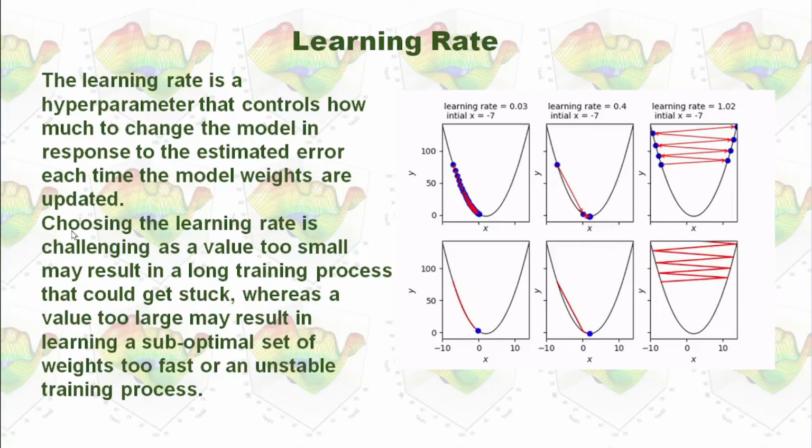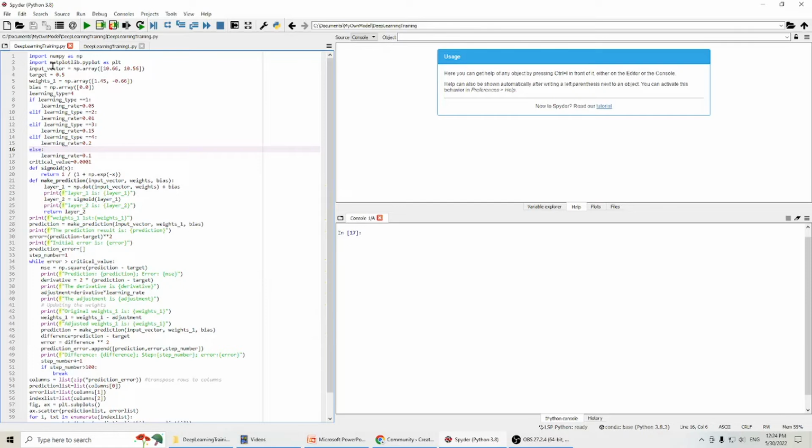Now, let's go to Python to see how we can implement the algorithm I just talked about and train our neural network model. We have our input vector here, and the target is 0.5.